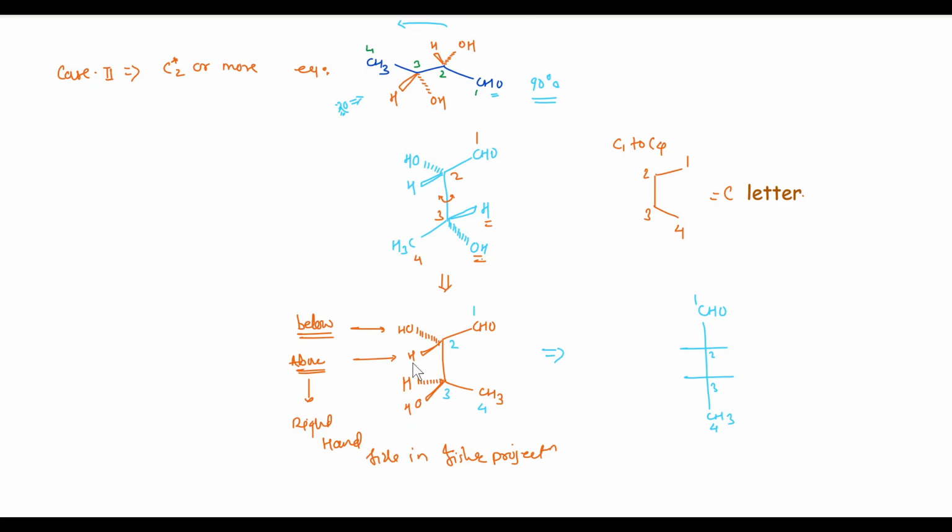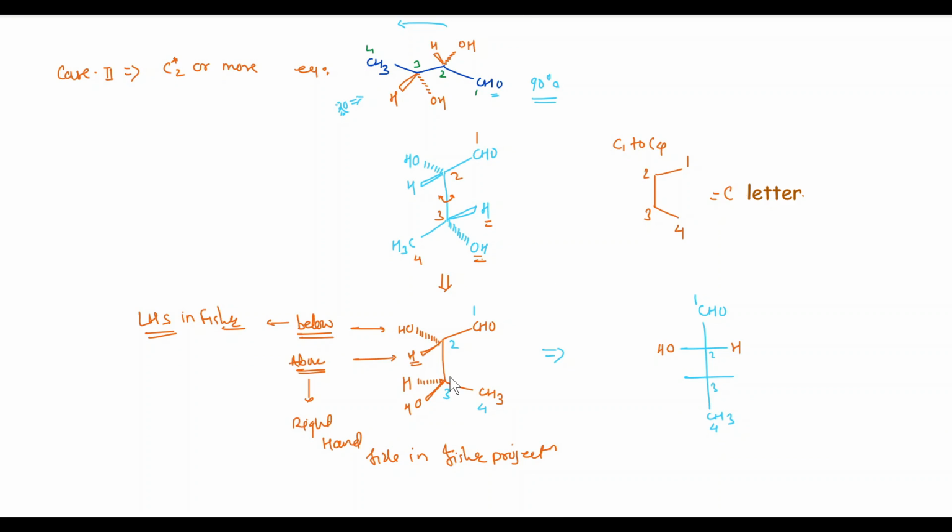That's why I will write this hydrogen here. The substituent which is below the plane in the dotted wedge line formula, we have to write on the left hand side in the Fischer projection formula. That's why I write this hydroxy here.